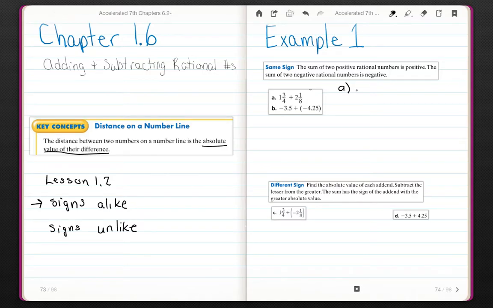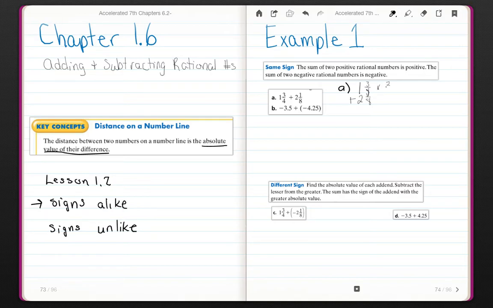Problem A. I have 1 3/4 plus 2 1/8. Well, I can't add fourths and eighths, so I need to change this into a common denominator.